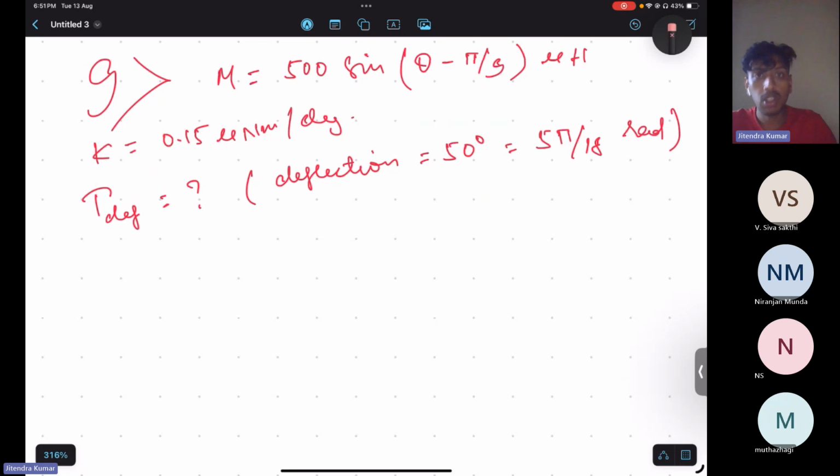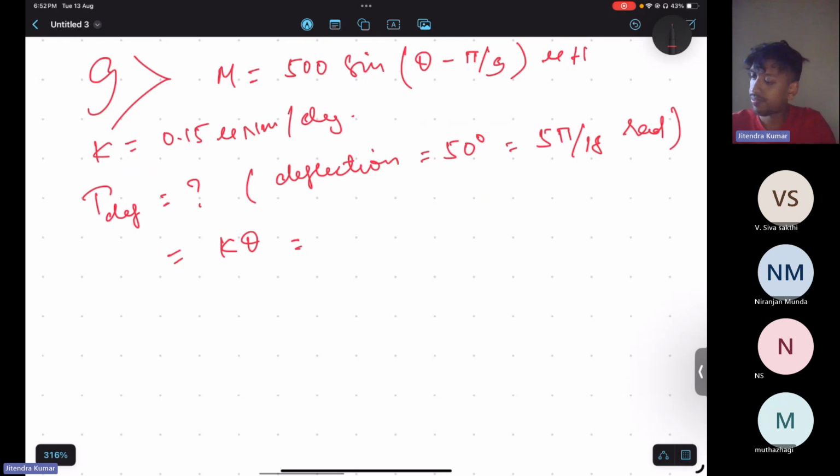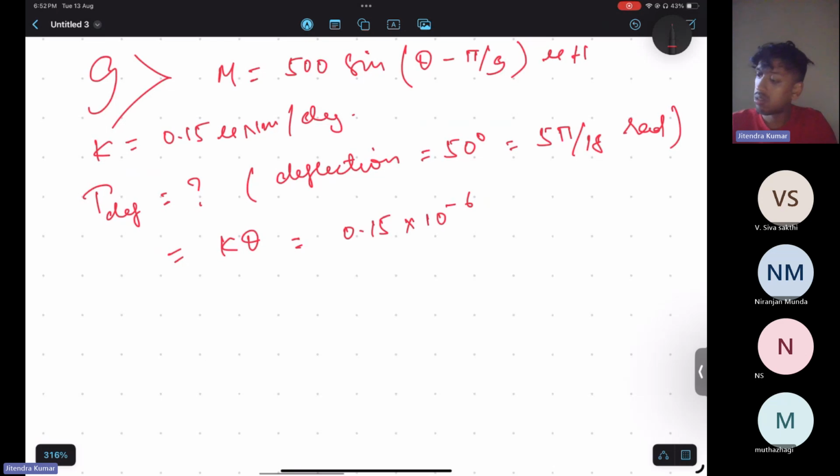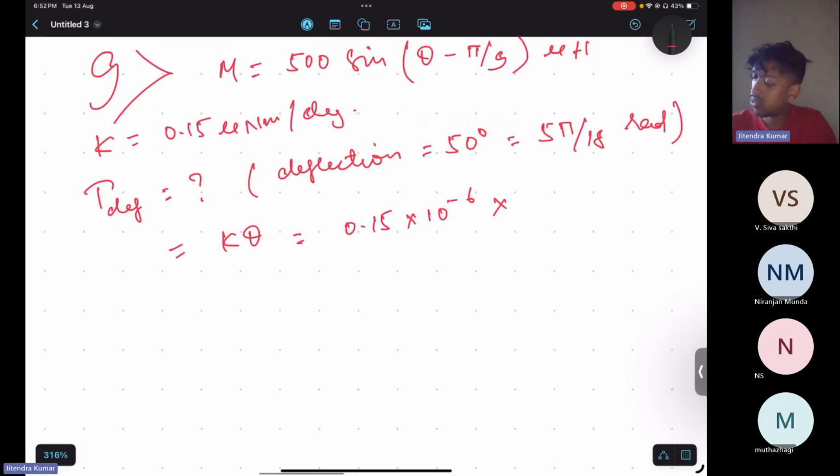Because you do not know the current value, I square dM by d theta is not a feasible expression for this part, which I also discussed in the first lecture. The feasible expression to calculate it is nothing but K theta, and K is 0.15 into 10 to the power minus 6, into theta, which is 5 pi by 18 or 50 degree.